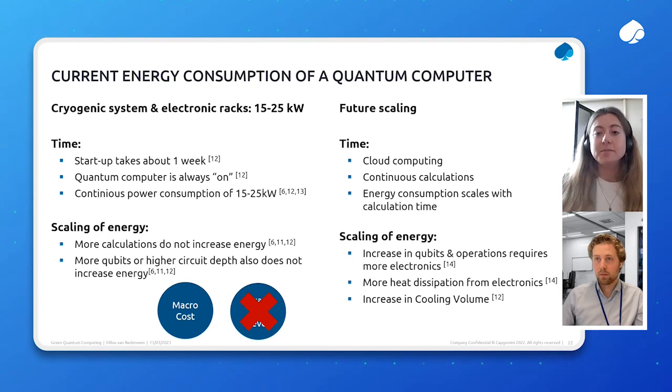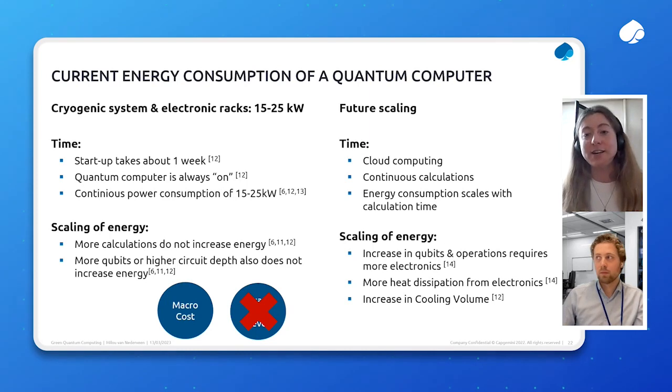At the same time, the power is also expected to increase with the number of qubits and operations, because when you go from 1,000 to 1 million qubits, you can expect that you would also require more electronics. Those electronics will then also lead to more heat dissipation, which will increase the cooling cost.